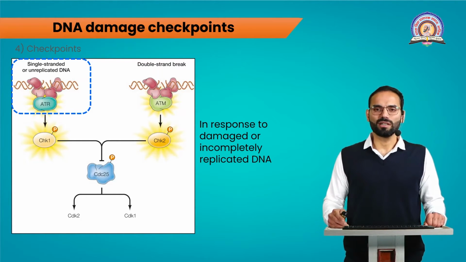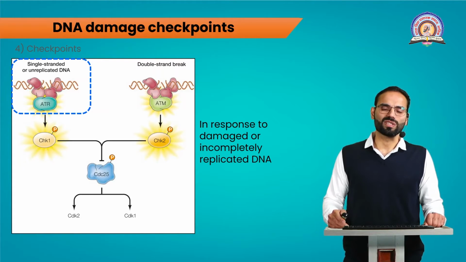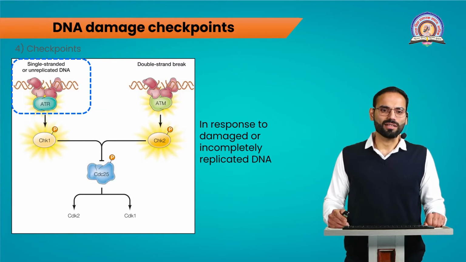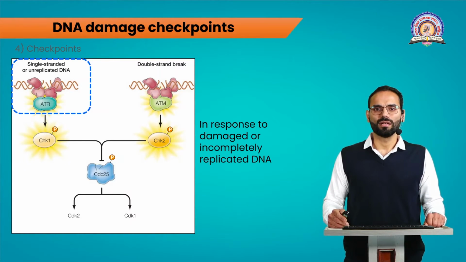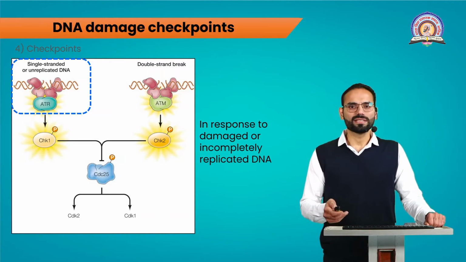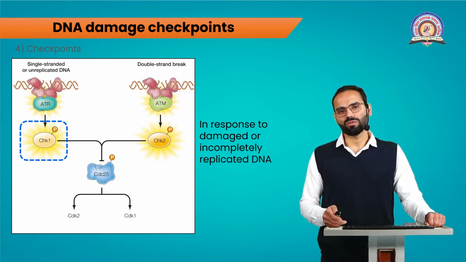These single-stranded breaks are in turn sensed by sensor proteins that initiate a signaling cascade, which we call the DNA damage response, which results in activation of the central kinases. With respect to single-stranded breaks, this central kinase is ATR, which we call ataxia-telangiectasia related protein. The activation of this ATR kinase results in activation of the CHEK1 kinase.